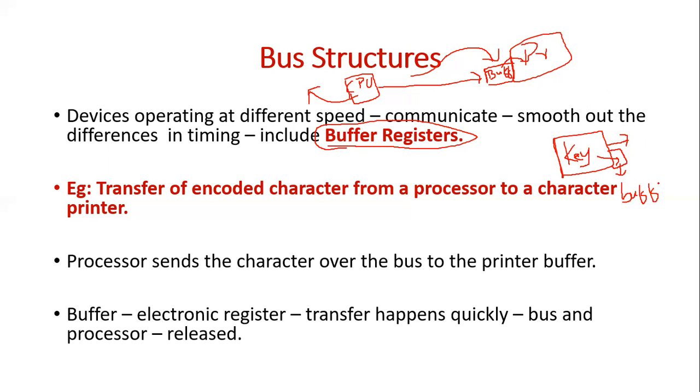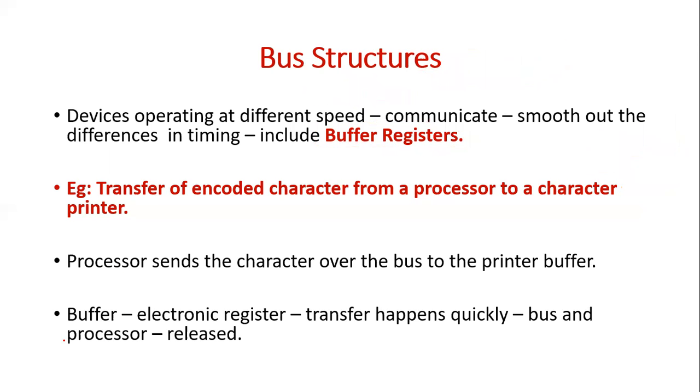This buffer is a high speed electronic device, and from this buffer the data will be moved to the main memory at a faster rate. So there will always be some data available in the buffer for the memory to access. This is how buffer registers are used to ensure that the data transfer happens quickly.